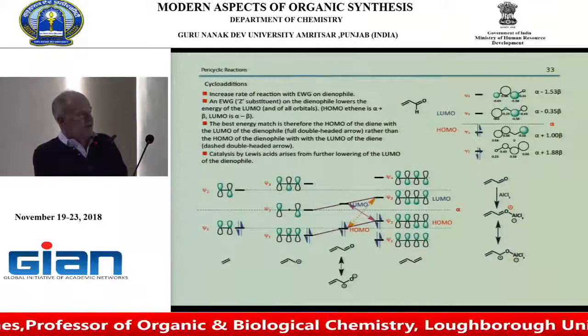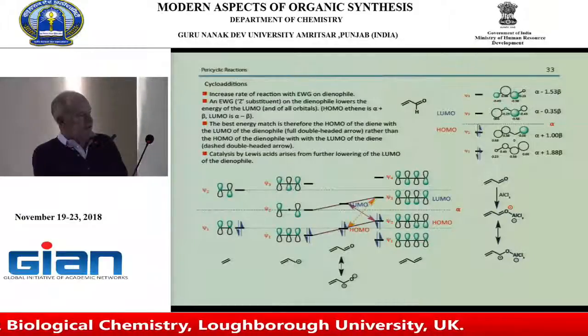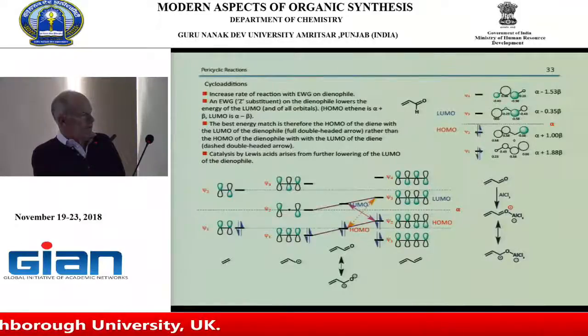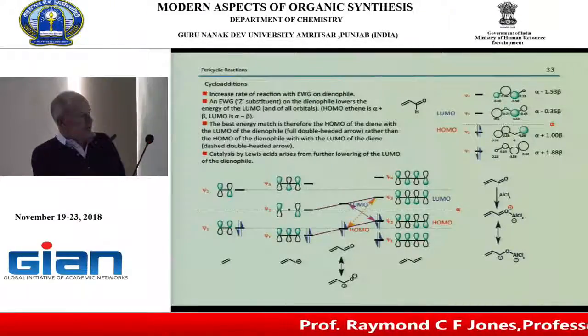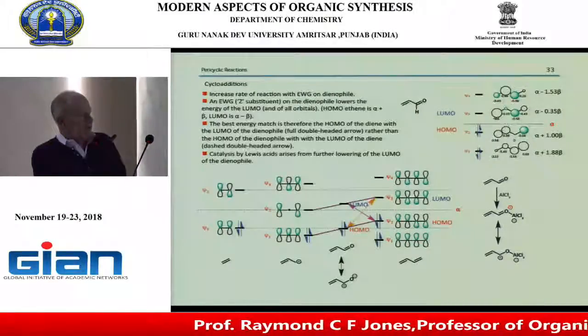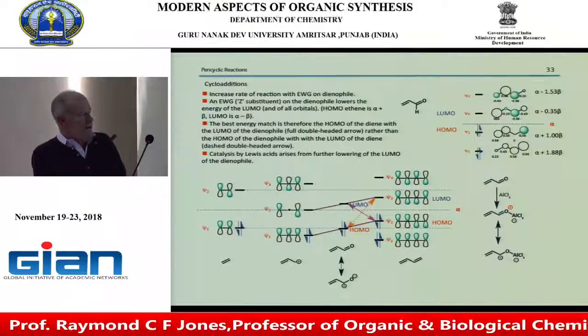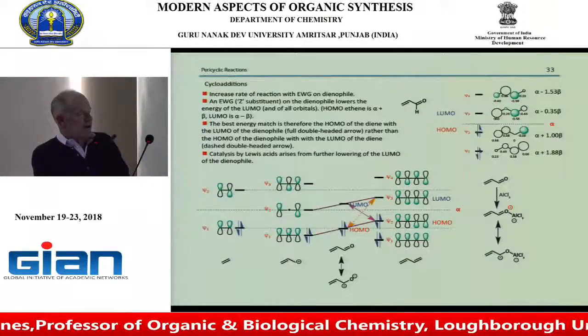So if we're interacting with the HOMO of the diene, here's butadiene, we're not doing anything to that, we just leave it as butadiene. The one we're changing is this interaction. So if we lower this, then it's coming down from the LUMO. So the HOMO of the modified dienophile is now further away from the LUMO of the diene.